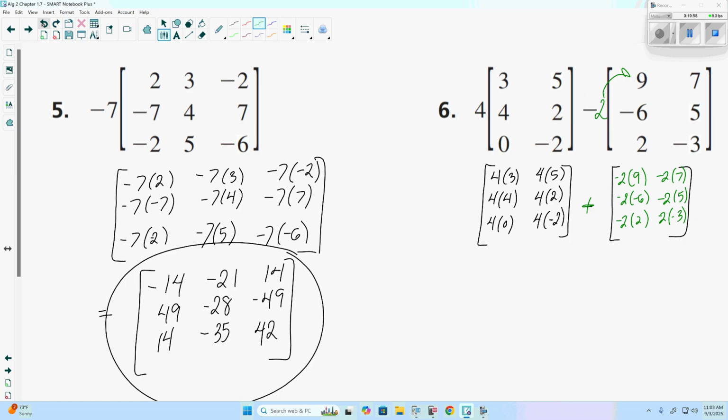Or instead of multiplying through with the negative, we just multiply the 2. The negative still stays between, and we subtract. Does that make sense? So if you take the negative into that matrix, we're going to add the results. If you don't, we subtract them. That's the only difference.